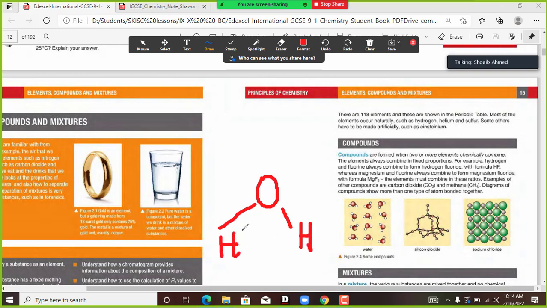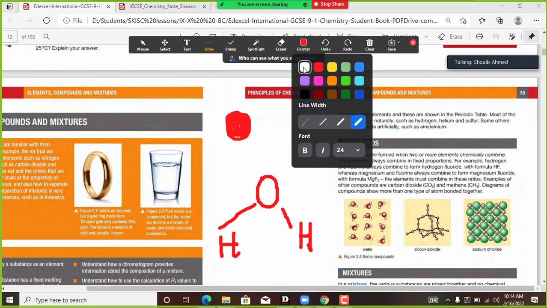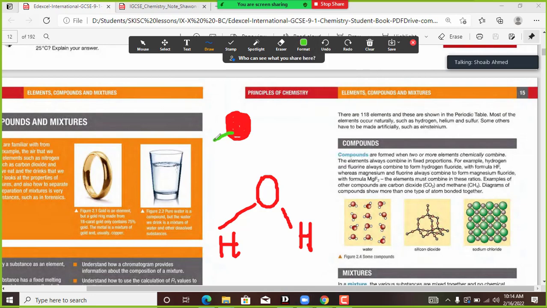If I draw the oxygen atom like this in red, and the hydrogen atom, not white, in green, it can be written this way.